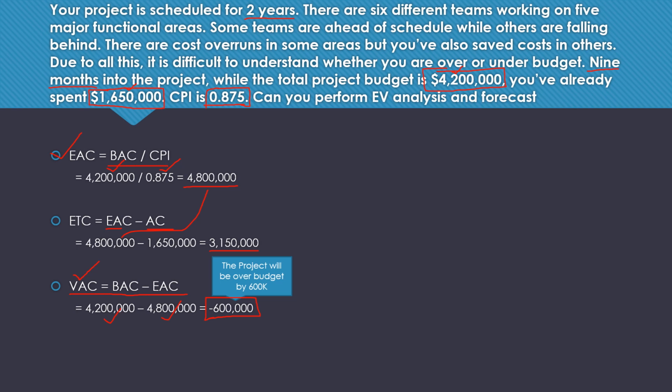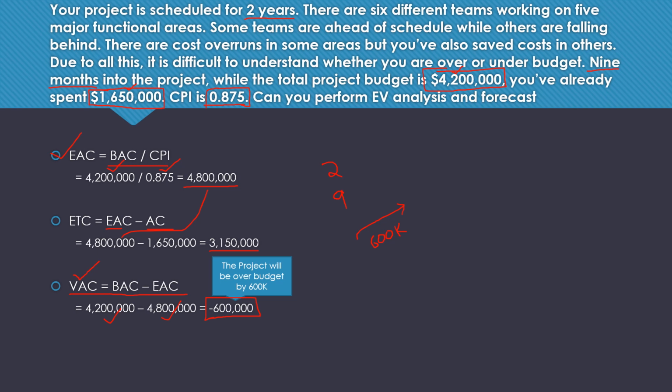This is a 2 year project, and you're already done with 9 months. If you continue on this path, you will end up spending 600,000 US dollars more. So that means you need to do some course correction here. The path that you are going on is leading to disaster.